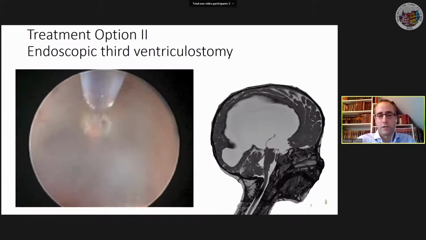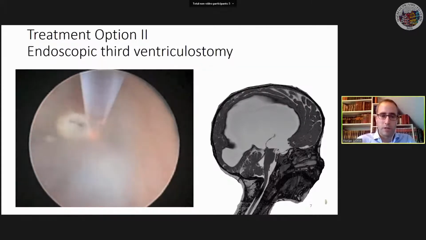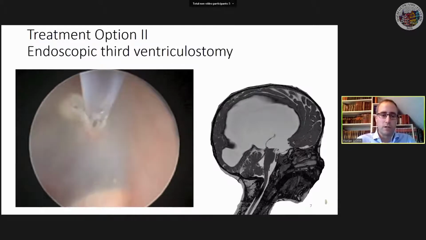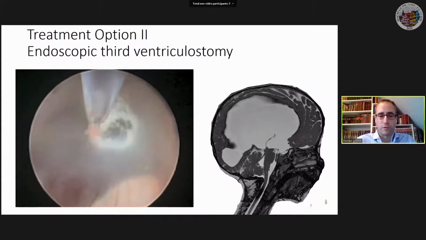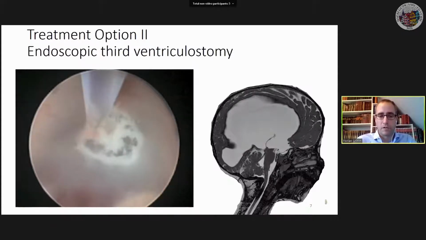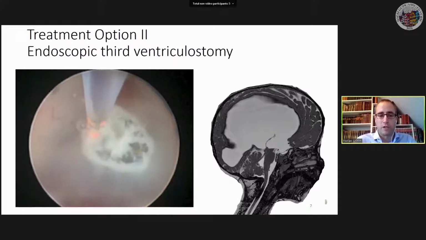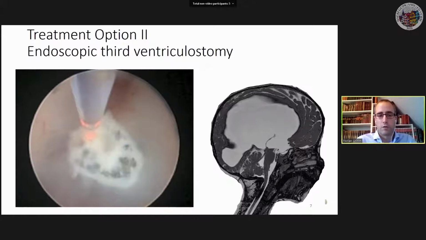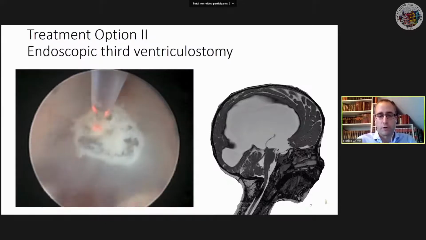connected to a laser. And here we see with the laser, we can slowly treat the membrane and cut with the laser pulses in a very controlled fashion holes inside of the membrane. So we orient through the semi-transparent membrane and identify structures like the mammillary bodies in the back or the pituitary stalk in the front.